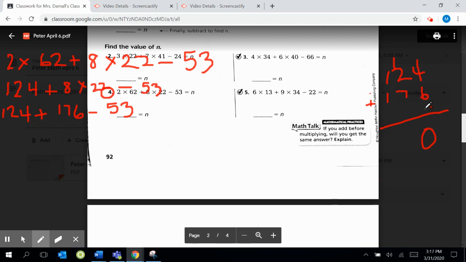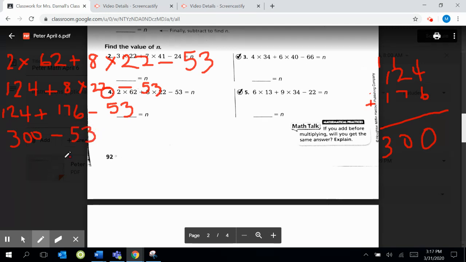And 10 again. And 3. Okay, so we write it down once again, minus the one that's left.